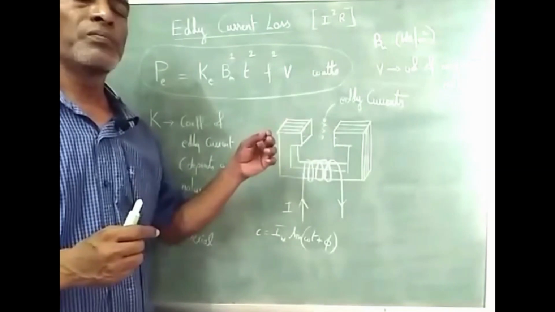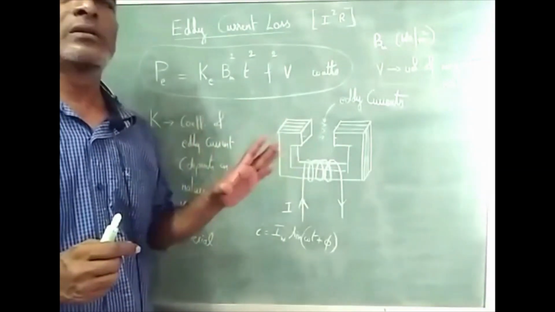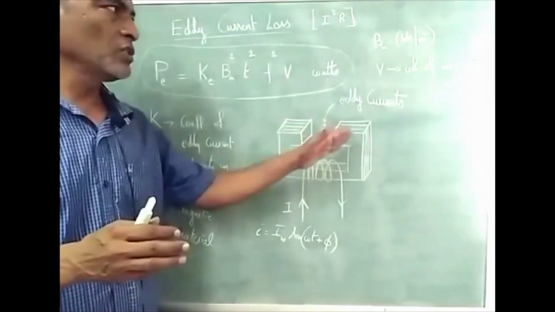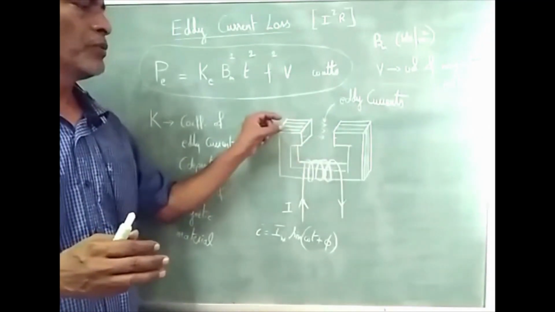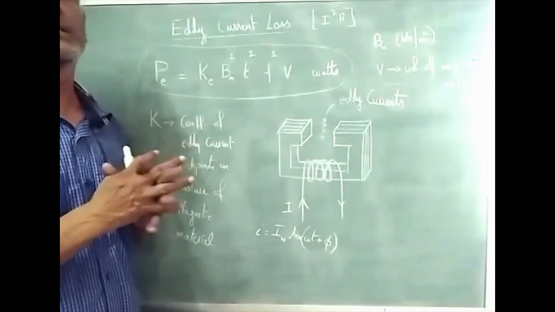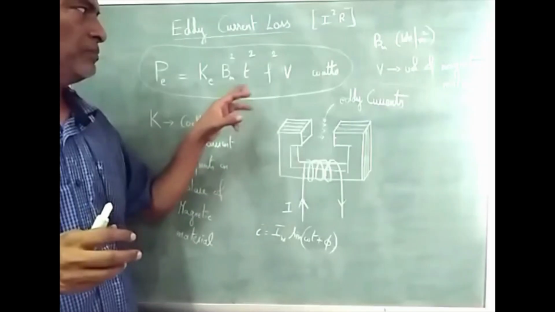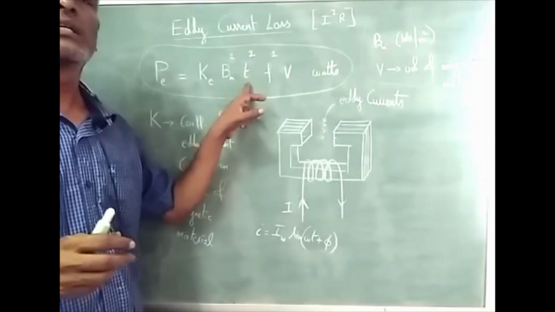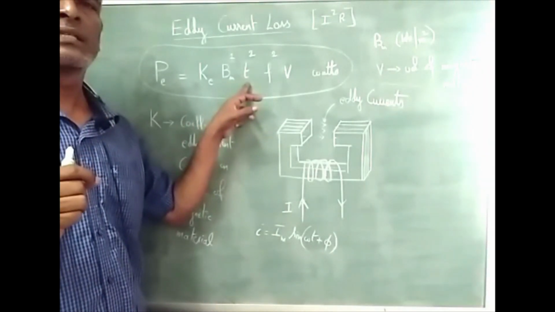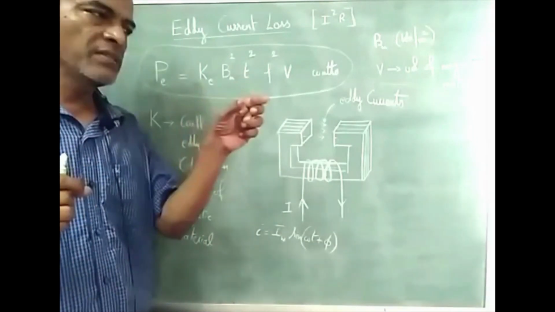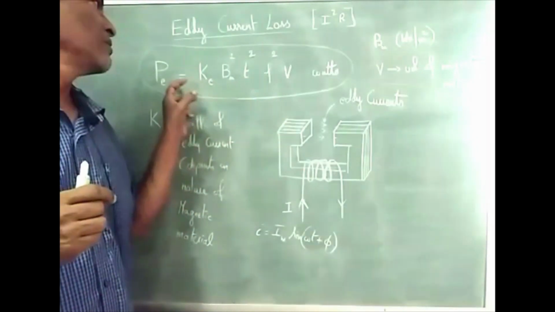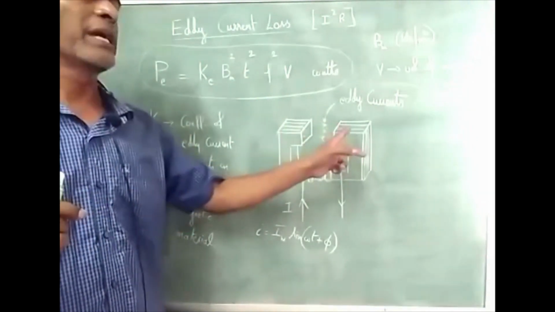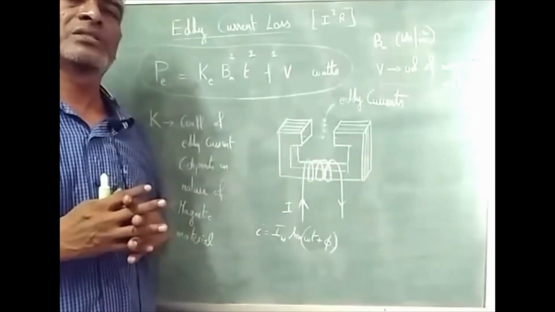Assume this core is a pure solid without any serrations. Here T is the thickness. If thickness increases, what will happen? The loss in the magnetic material will increase.